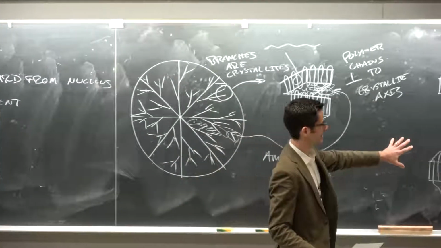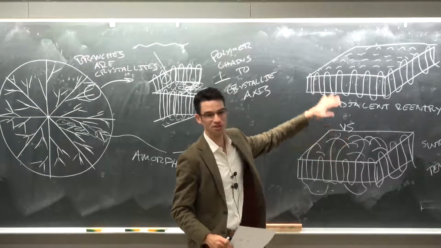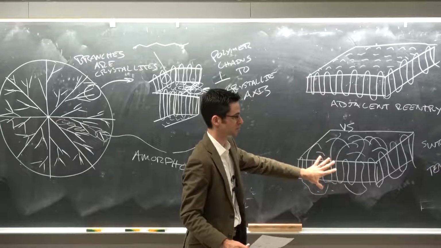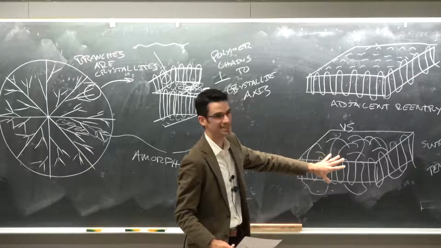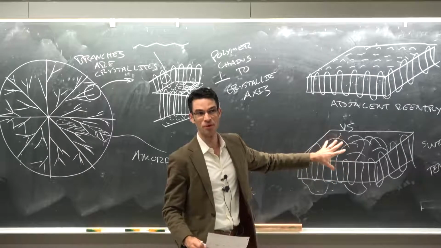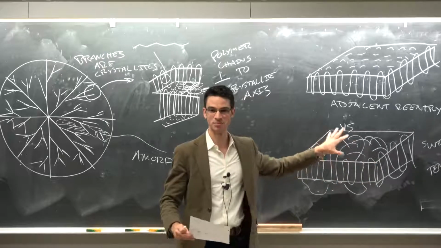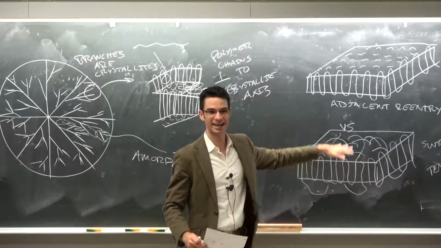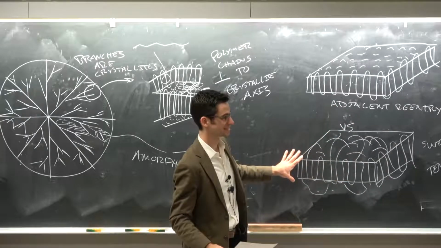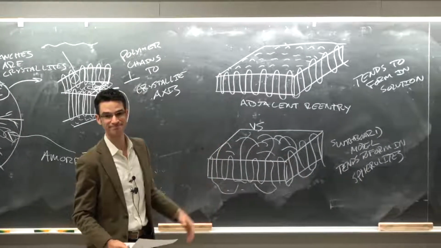Let's say there's a gradation between purely adjacent reentry and purely switchboard. Nature likes to tend toward a more disordered structure, and you'll always have some loose ends, but these are the extrema of the continuum, where this is believed to be more common.